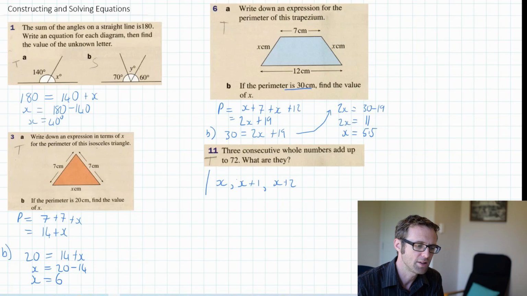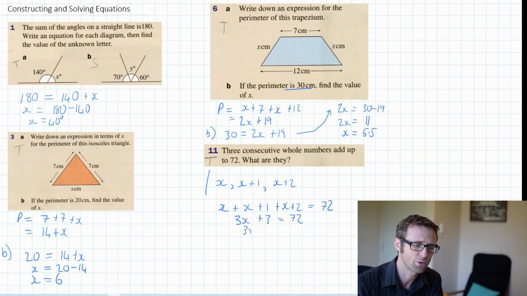Now, when we add them together, they apparently add up to 72. So x plus x plus 1 plus x plus 2 equals 72, and I should now be able to solve and find out what my first number is. If I gather my like terms, I've got 3 x's, and I've got 3, and I've got 72.